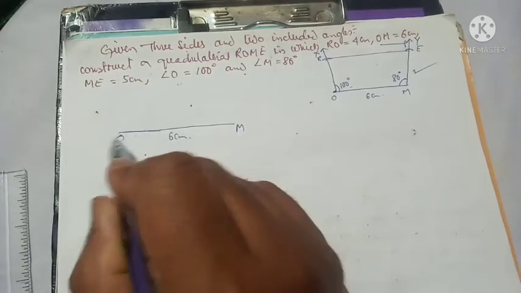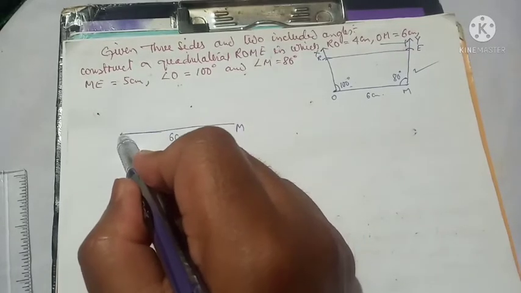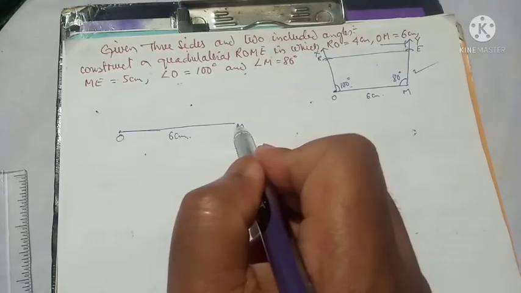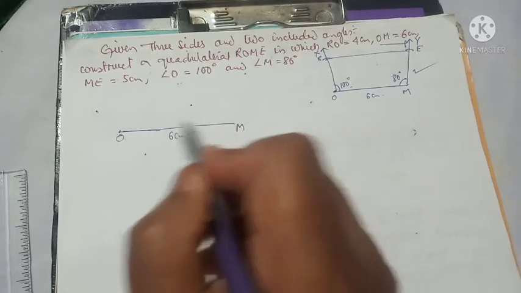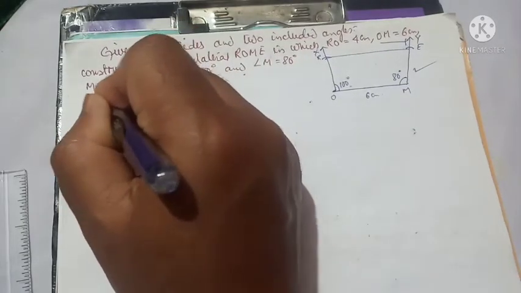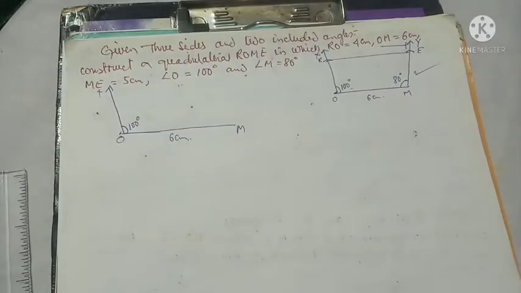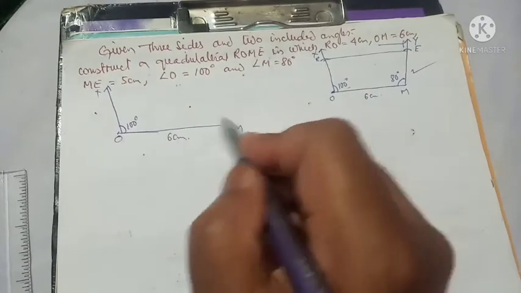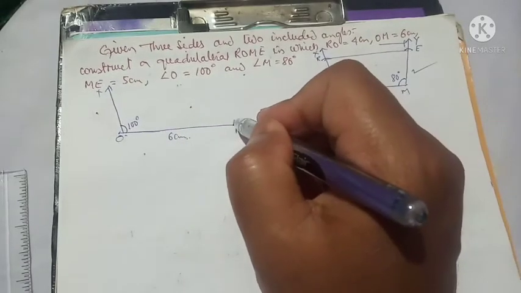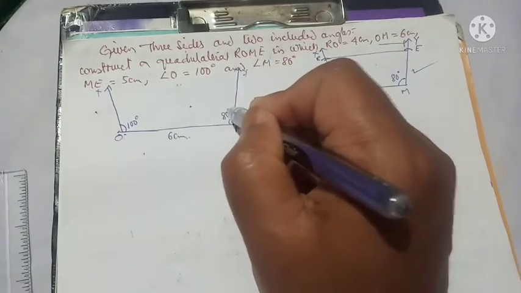From the center O, at the point O on the line OM, we make an angle MOX, that is 100 degree. And again at the point M on the line OM, we draw another angle, that is OMY, that is 80 degree.